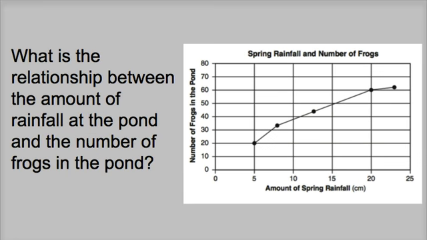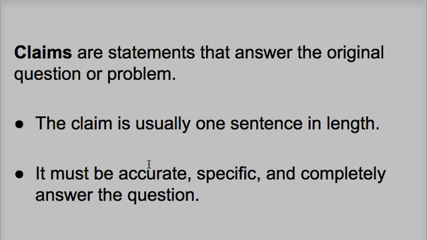So when we go to the next slide, here it is. This is the question that you're going to have to answer. What is the relationship between the amount of rainfall at the pond and the number of frogs in the pond? So remember, your claim should be a full sentence. It should be accurate, specific, and completely answer the question.